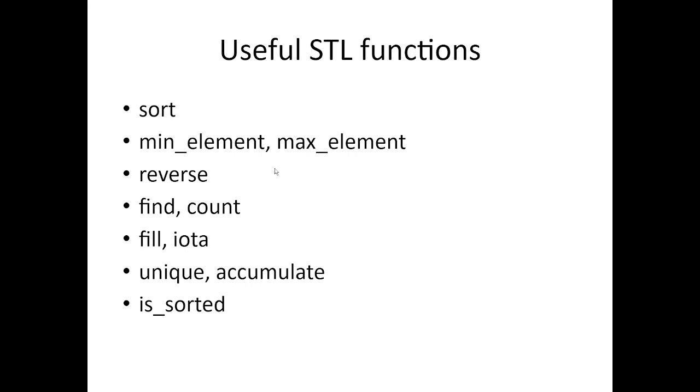Reverse is the same. It reverses the elements in the vector. Find is used in all the containers if you want to see if a number is present in the vector or not. Again, find takes the range and the value that you want to find.